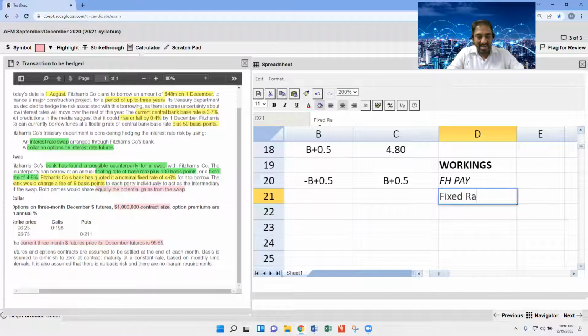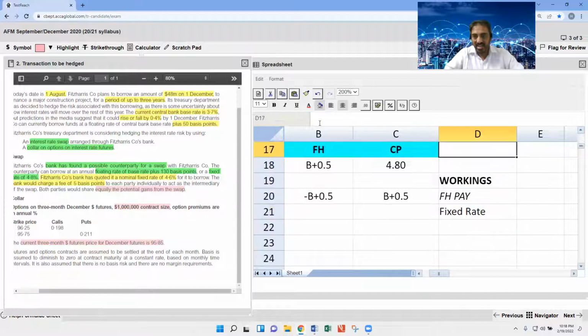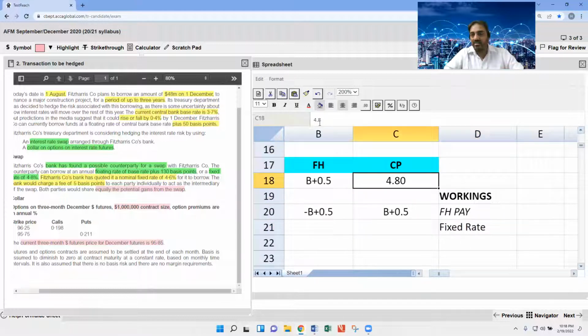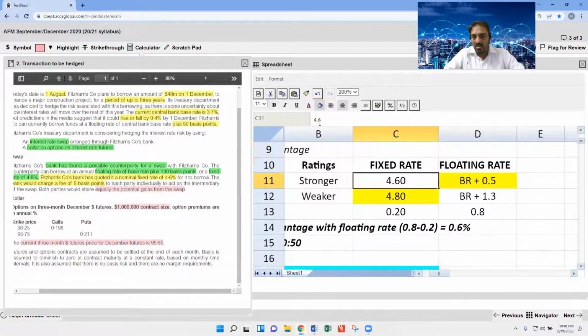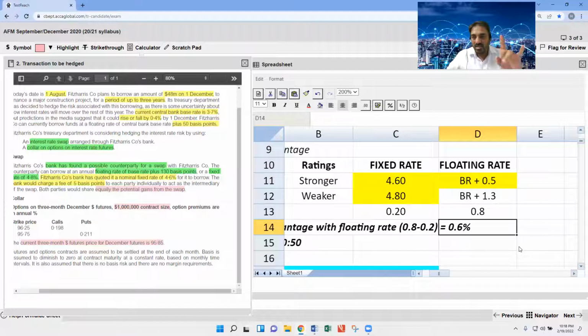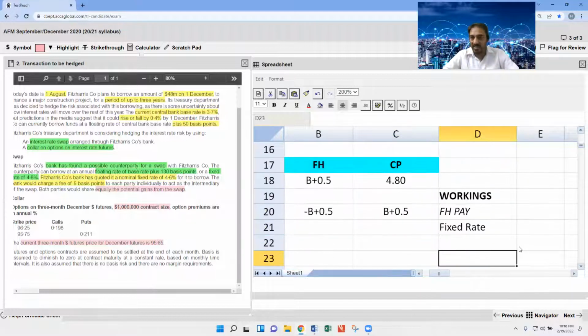Not exactly the weaker party paid. No, rather than the fixed rate, the fixed rate 4.6, the stronger party rate, and that is 4.6.